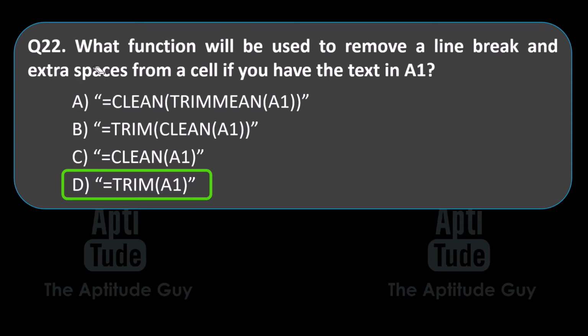You remove extra spaces. So suppose we have some output, and then there is a space also over here which is not visible. When you apply this function over here, this space will get removed. The extra space will get removed because it serves no purpose. That is what it is. Okay, you can try all of this out in your Excel whenever you have some free time.